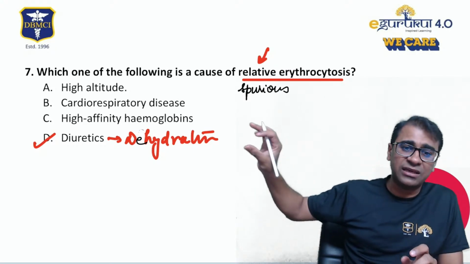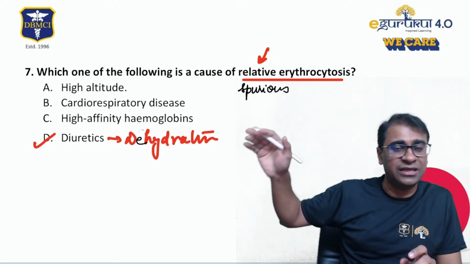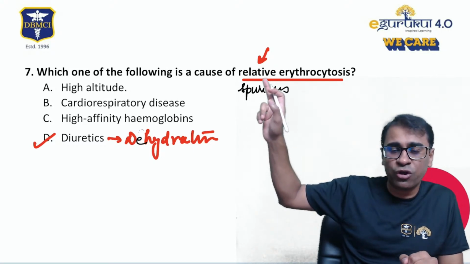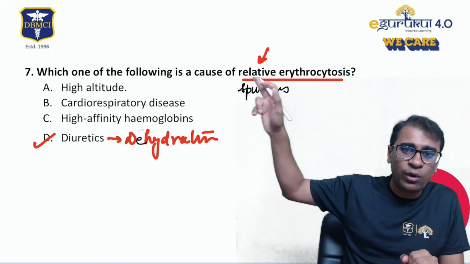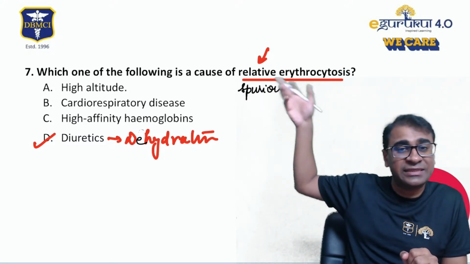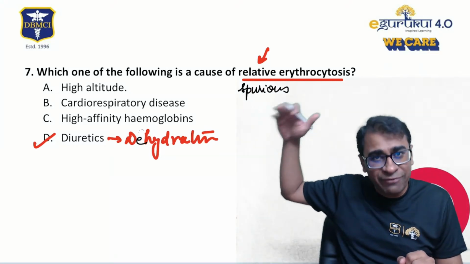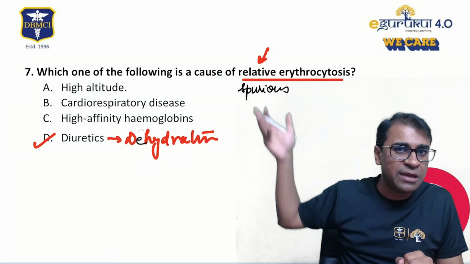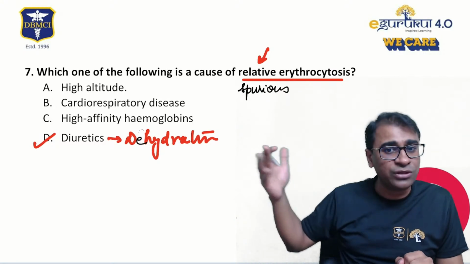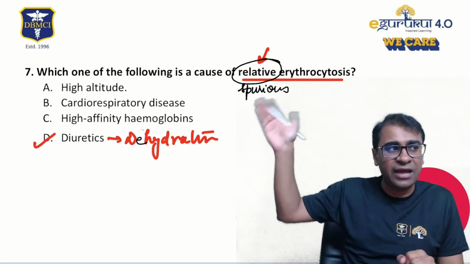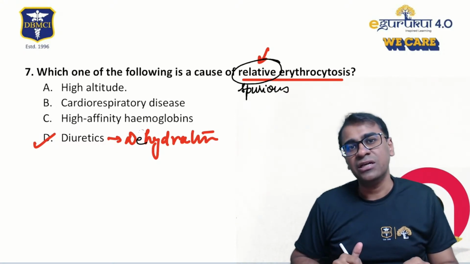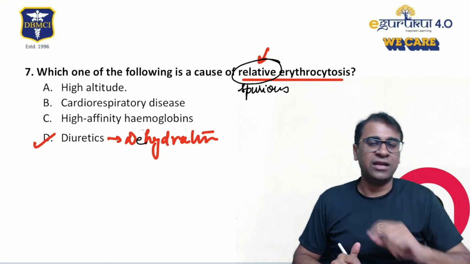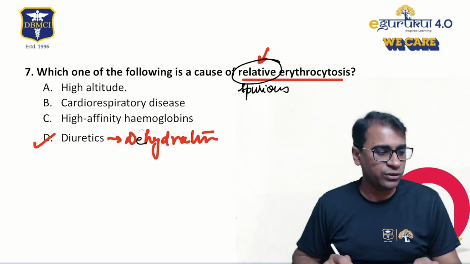Therefore, the answer is D here, not A, B, and C. If you only look at the option of erythrocytosis, we'll mark simply A. But when you look at the other options, B can also cause and C can also cause. So it cannot be A, B, and C because that is not in the options. Then you think, I have missed this word, relative, and come back, and the answer is D. Diuretics is the right answer to this question, and not A, B, or C.